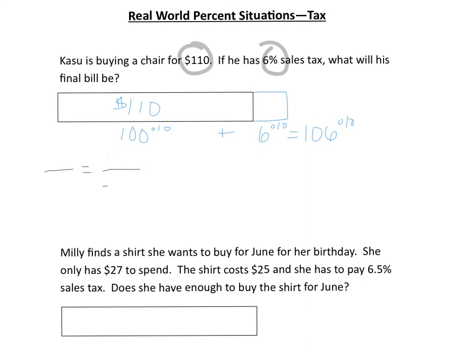The nice part about tax is it's pretty much the same as markup. It's being added onto something for a purpose in order to make money, gain money, that kind of thing. So we're talking about 106% of that 100%, and $110 is the cost of the chair that he got before tax, and we want to know what's his final bill going to be. We cross multiply as we normally would.